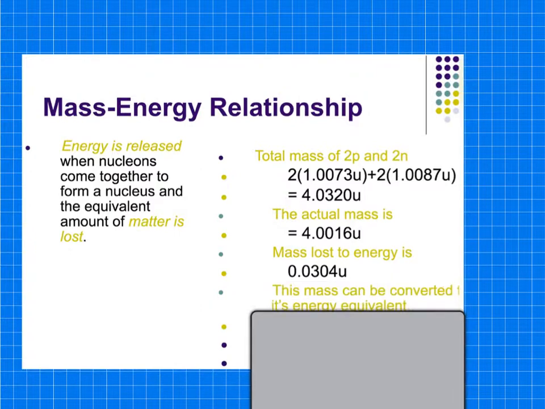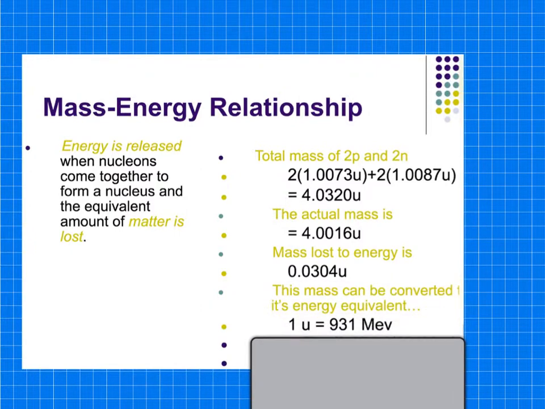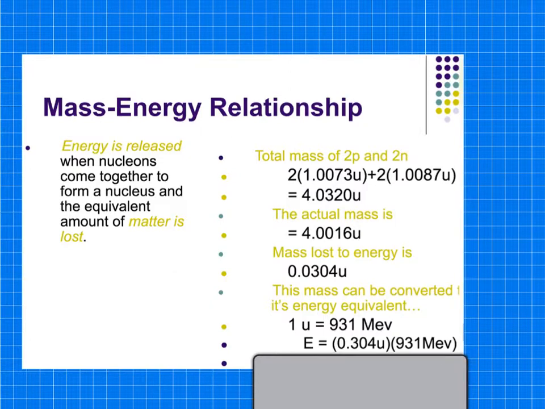And 1 universal mass unit is equal to 931 mega electron volts. So instead of using E equals mc squared, all we have to do is use this conversion. We take 0.0304 universal mass units and multiply it by 931 mega electron volts per universal mass unit.